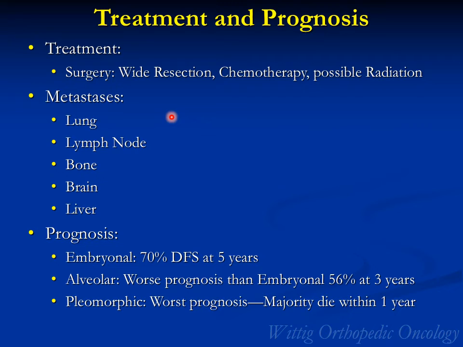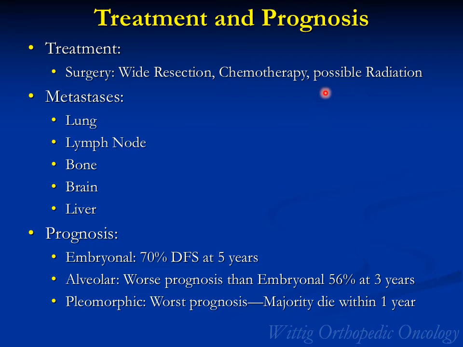Okay, the treatment for rhabdomyosarcoma is wide resection, chemotherapy, and possibly radiation therapy. Preoperative chemotherapy is often administered for these tumors, and these tumors usually have a dramatic response to preoperative chemotherapy, meaning that they shrink down to virtually nothing, and sometimes there's nothing that can be detected on an MRI after giving the chemotherapy.